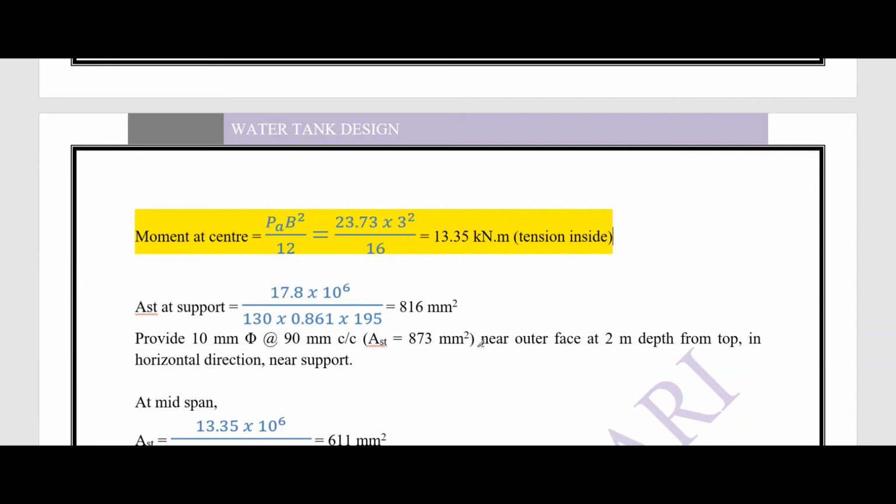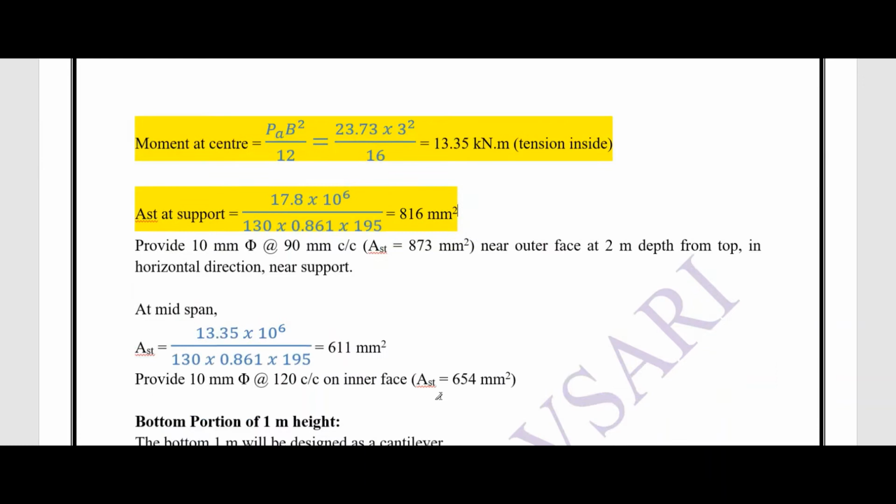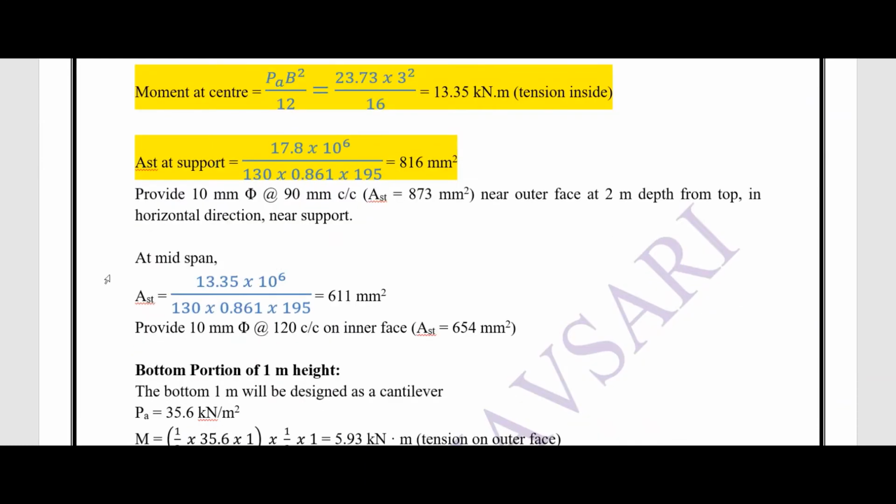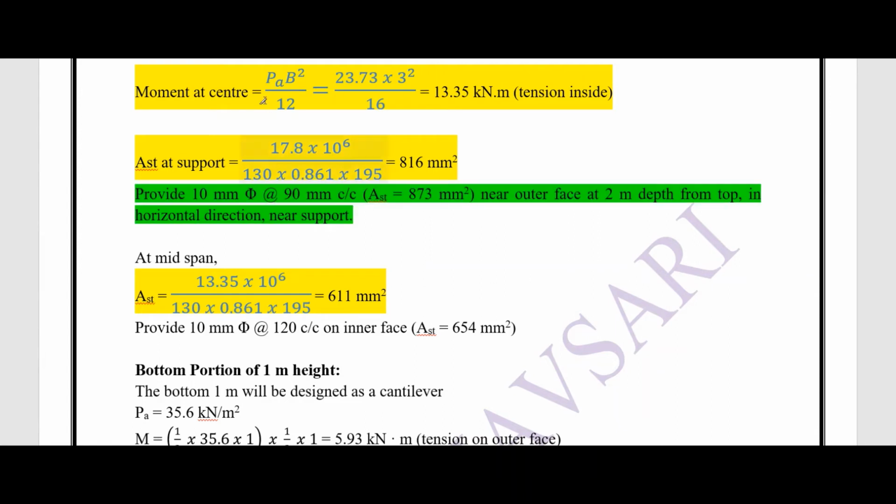So AST at support is 816 mm square, and AST at mid span is 611 mm square. So provide 10 mm dia at 190 mm center to center at the support, and 10 mm dia at 120 mm center to center at mid span.